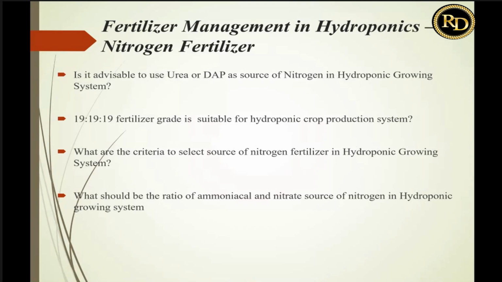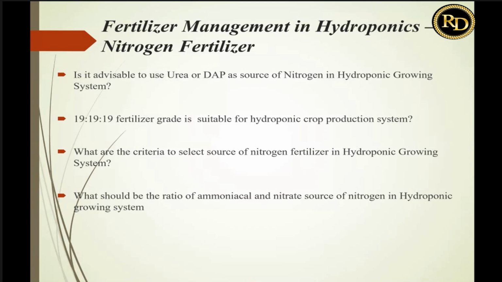However, if you are going for a commercial hydroponic unit, it is always advisable to go for water analysis, to assess which salts are there and what the level of salt concentration or EC is. If it is beyond something like 0.3, 0.4 or 0.5, it is always advisable to go for an RO unit.